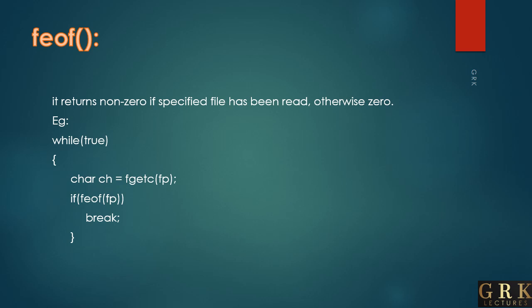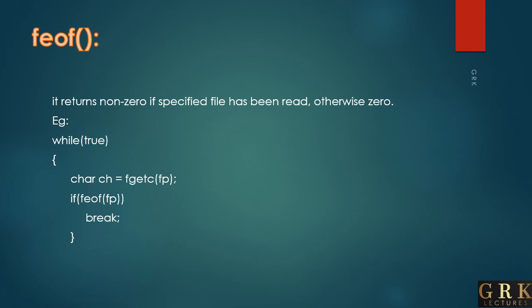So here I am using feof and the file pointer fp. Once one character is read from the file and assigned to ch, if we reach the end of the file, then automatically we will come out of that loop. Otherwise that loop will continue for an infinite number of times.